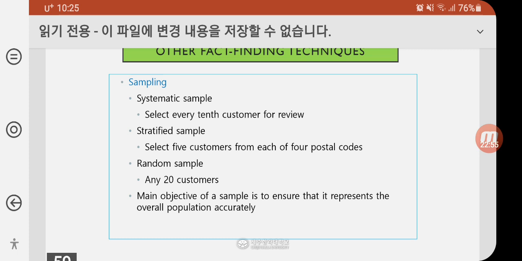A stratified sample is to select 5 customers from each of 4 postal codes. A random sample is to select any 20 customers. The main objective of a sample is to ensure that it represents the overall population accurately.